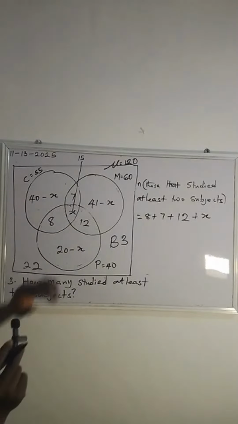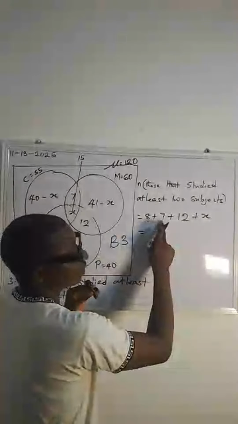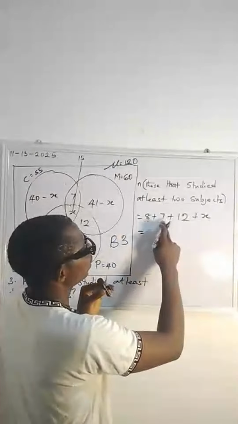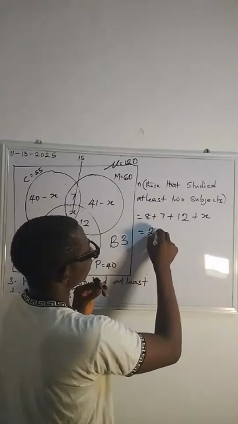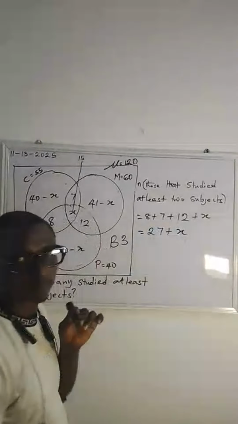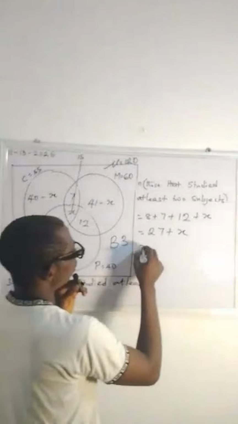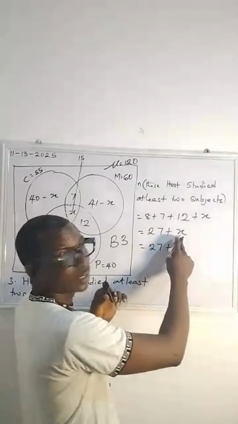All right, now we are going to add. This is 15. Now 15 plus 12, that is 27, plus x. So 27 plus x, where x is 15.